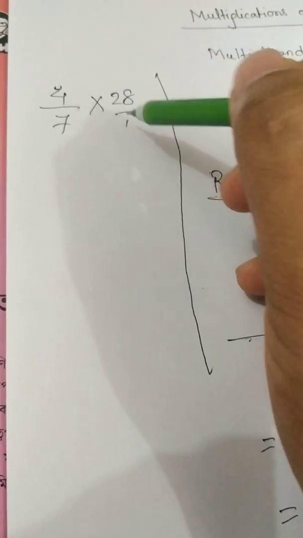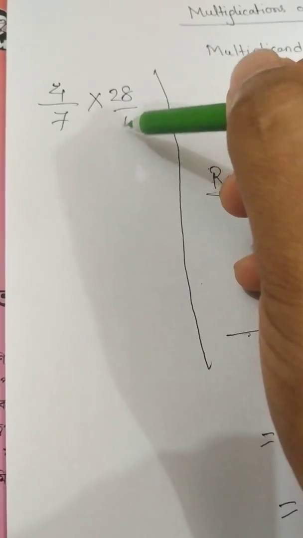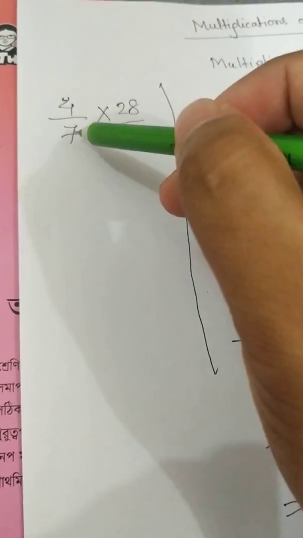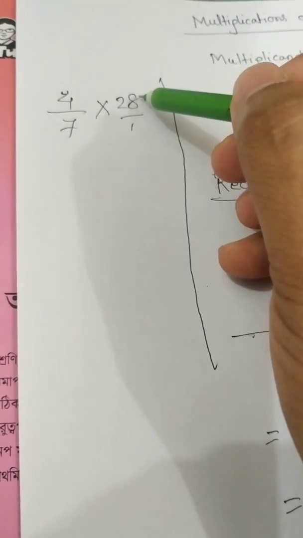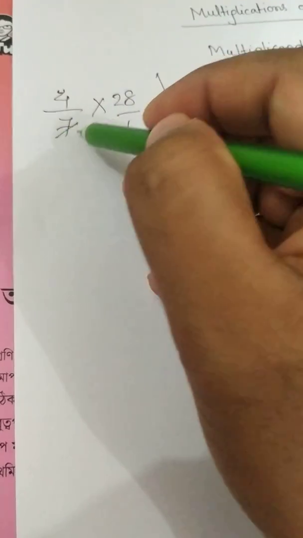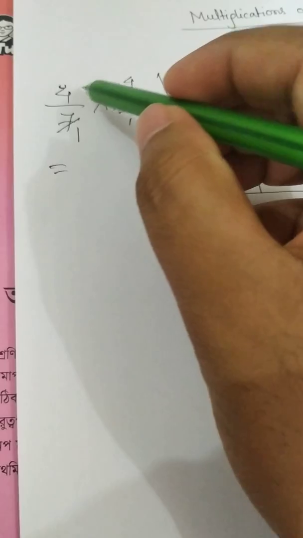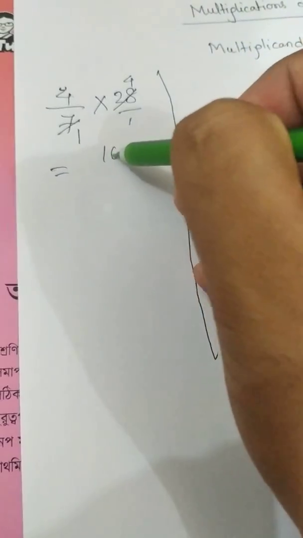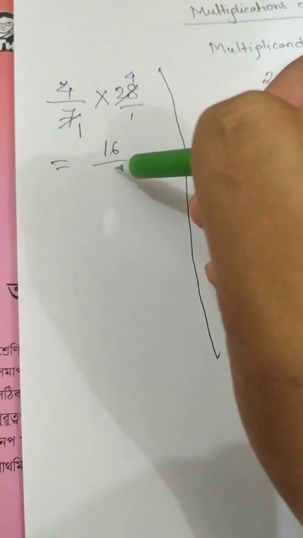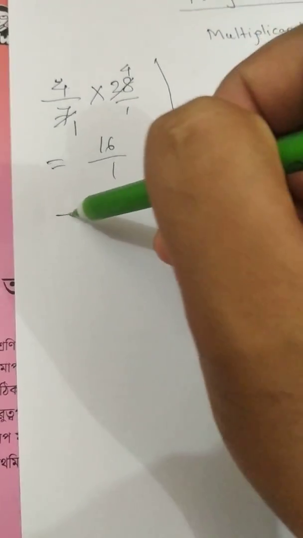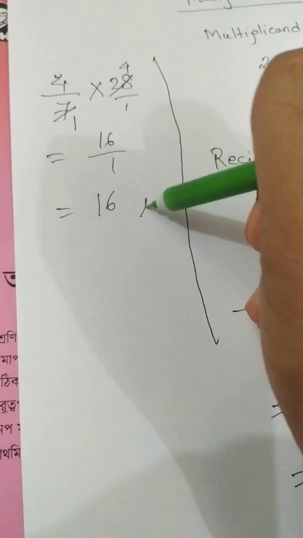If it's only a number, you always need to consider that there is a 1 as a denominator. So now we do the normal way. So you see 7 and 28 both can be reduced, like 7 ones are 7, 7 fours are 28. So what do we get? 4 fours are 16, and over here 1 into 1 is 1. So we don't write it as denominator, you can just write directly, answer is 16.